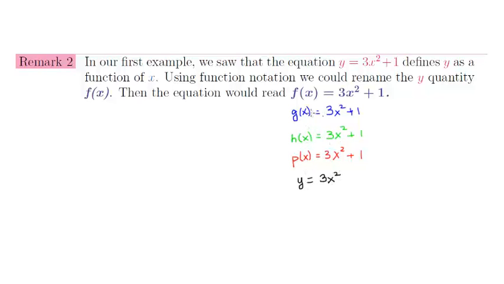So each of these equations is just another way to write the equation y equals 3x squared plus 1. The nice thing about function notation is it directly shows you a relationship between the dependent variable and the independent variable, the function of x. Let's take a closer look at function notation.